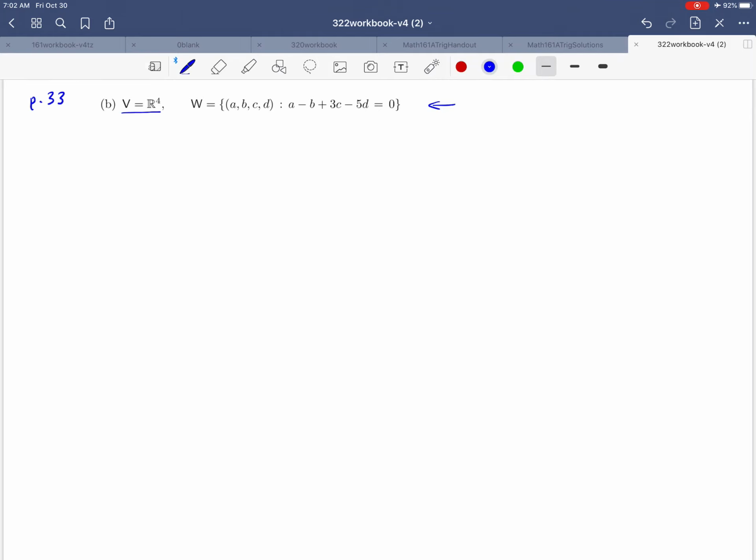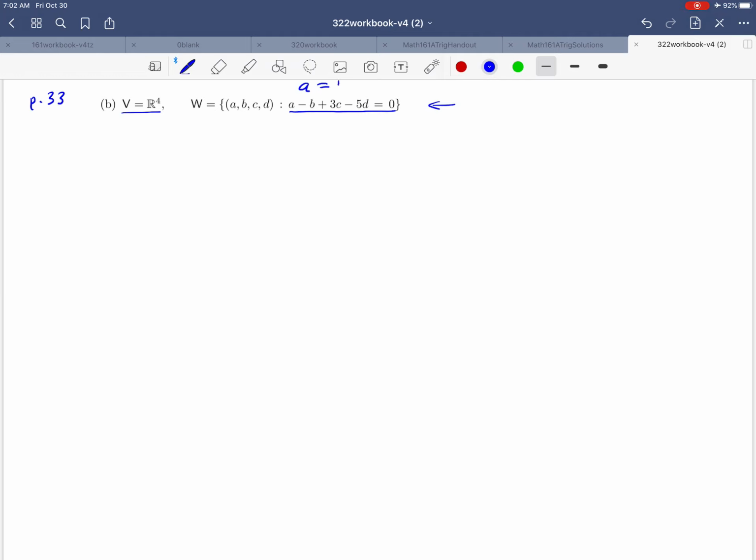Okay, we can take our first step to doing that by noticing that this equation is describing how the coordinates in our tuple have to behave to be in the set W. We can rewrite that equation by just solving it for A. You basically just add the other three terms to the other side.